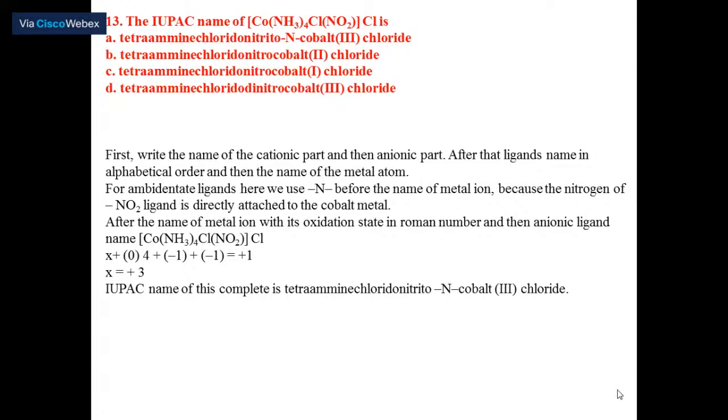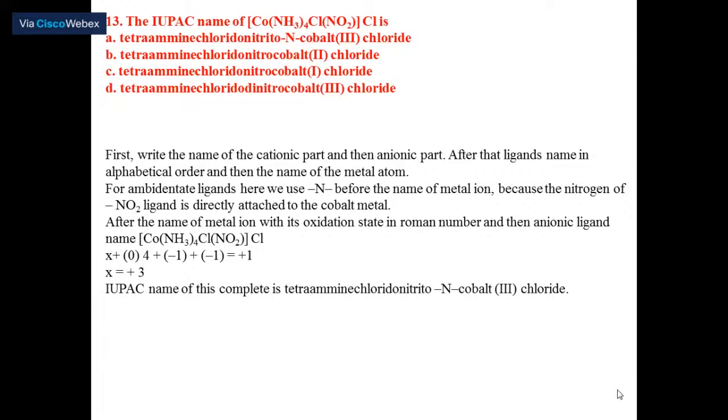So let's calculate the oxidation state of the metal here, that is cobalt. X plus, ammonia is a neutral ligand, there is no charge, so it is 0, and -1 for nitro and -1 for Cl.